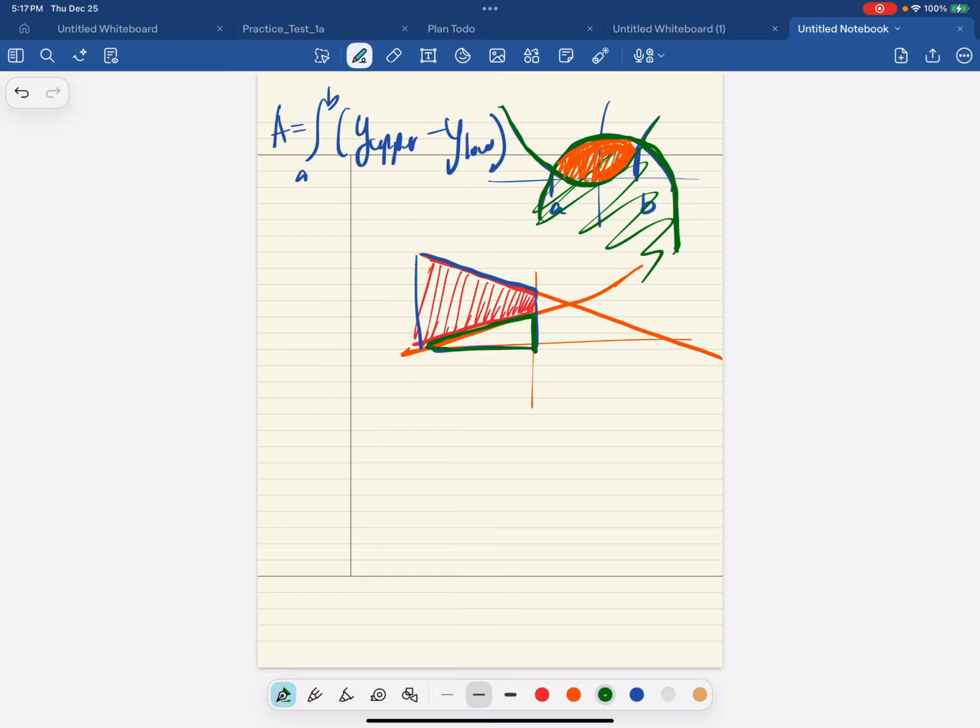Whatever is left is the red region. Same thing over here. Whatever is here on top of the axis is subtracted from the area on top of the axis of this function. Well, the remainder is this shape inside, stuck in between.